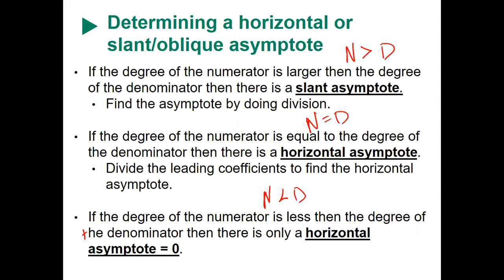If n is greater than d, I'm going to have a slant asymptote, which means I'm going to have to do long division. If n equals d, I'm going to have a horizontal asymptote, and all I'm doing is dividing my leading coefficients. If n is less than d, then it's automatic. I just know I'm going to have a horizontal asymptote at y equals 0.